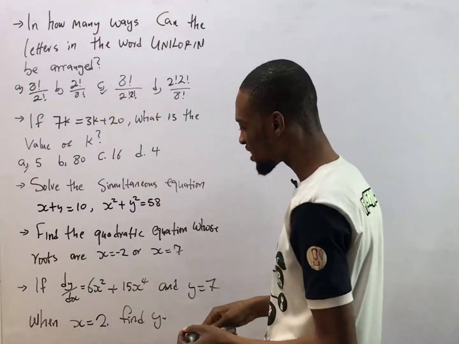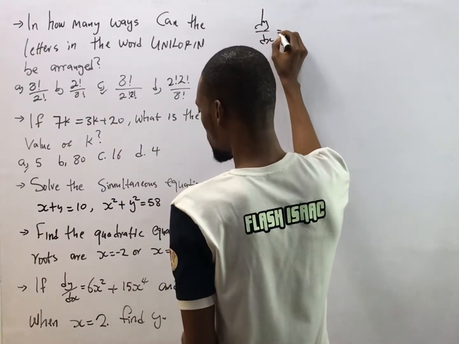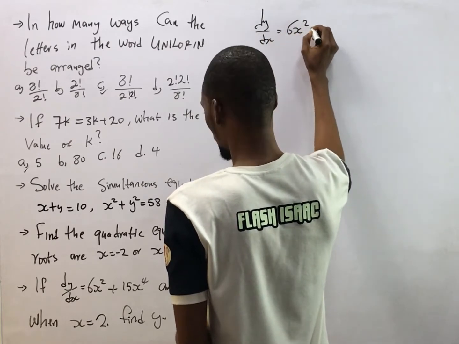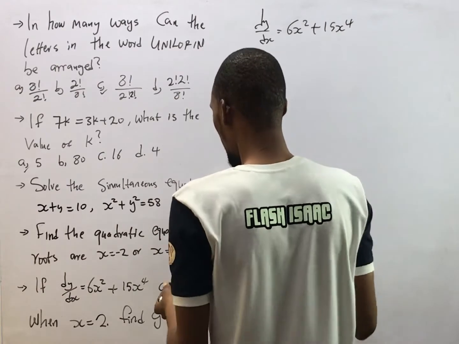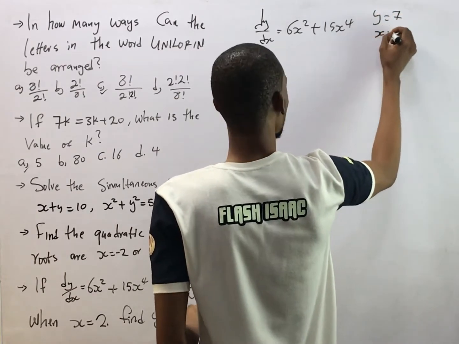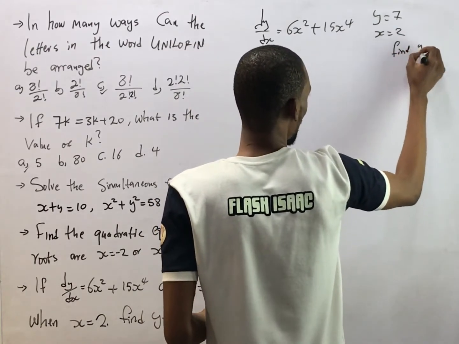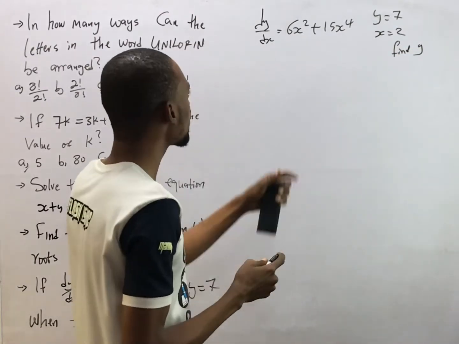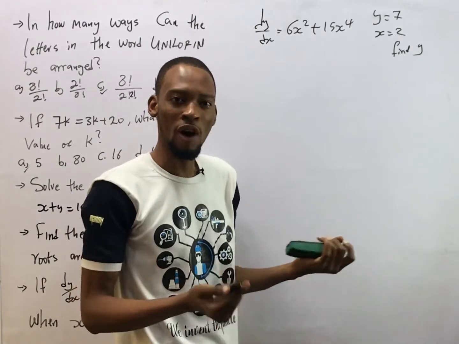If dy/ds is equal to something, and y is equal to 7 when s is equal to 2, find y. What this is telling us is that this dy/ds means we've differentiated y.